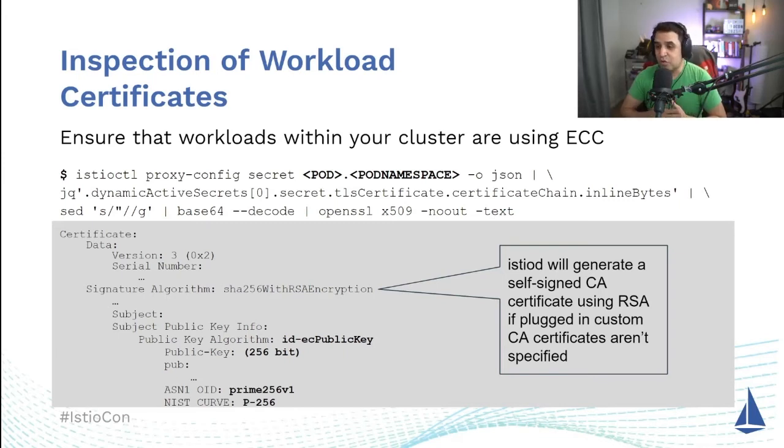It is also noteworthy, though, that unless you plug in your own CA custom certificate that is using ECC, if you have Istio generate its own self-signed certificate, it will be using RSA. So there is currently no mechanism to have that self-signed CA certificate using ECC.